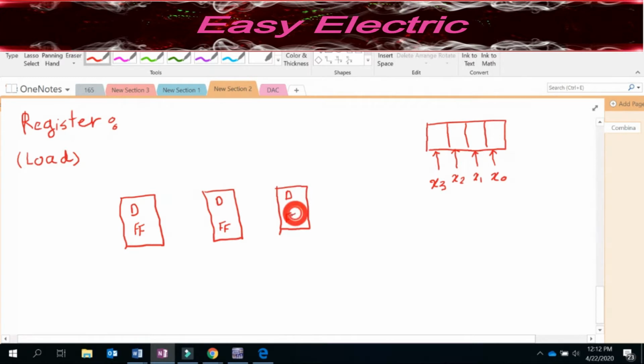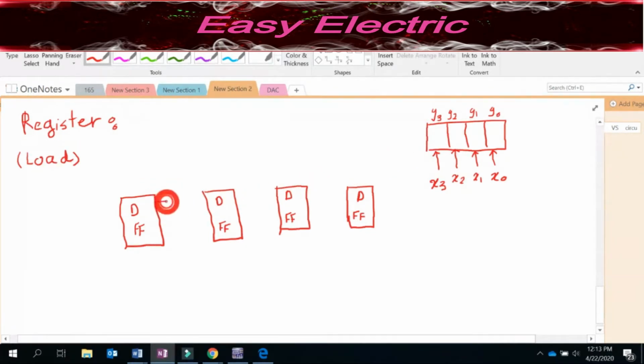You put the third and you put the fourth one here. Again, these are D flip-flops. If you label what you keep here, you call this Y3, Y2, Y1, and Y0, the 4 bits that you keep inside this register.